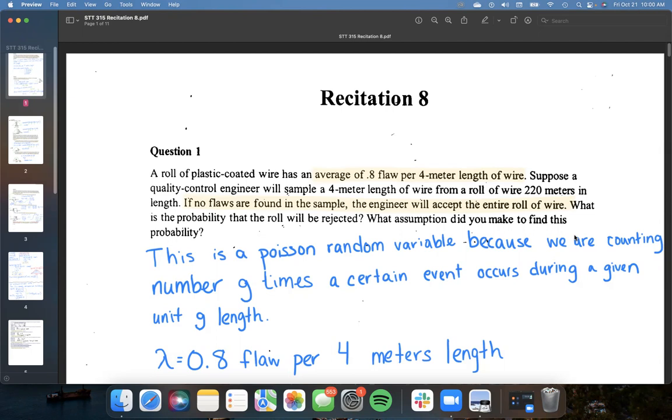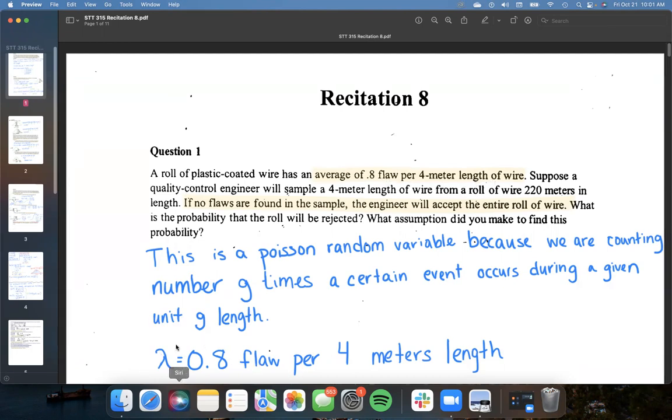So this is a Poisson random variable because we are counting the number of times a certain event occurs within a given unit length. Since we're in a Poisson setup, we're given that our average is 0.8 flaw per 4-meter length of wire.